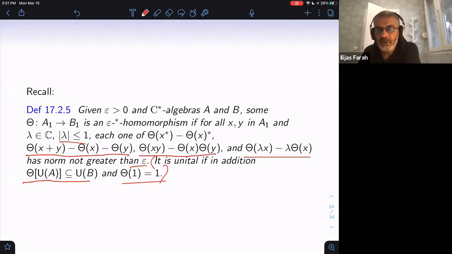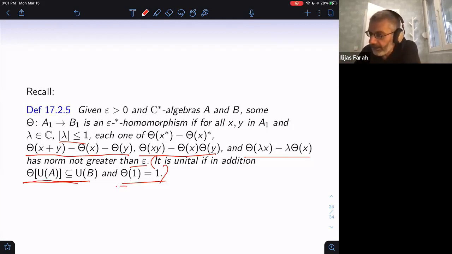If you just choose sufficiently small epsilon, and if your epsilon-star-homomorphism is Borel measurable, or as measurable as you want, you can correct it to something that is unital, and which is still an epsilon-prime homomorphism for a certain epsilon prime, which is still small enough.